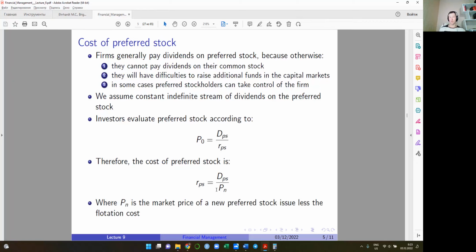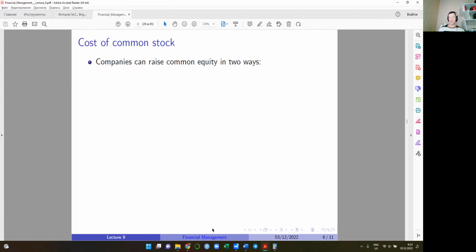The third component, equity. Companies can raise common equity in two ways. So first, if they directly issue new common shares. Not many companies do this.